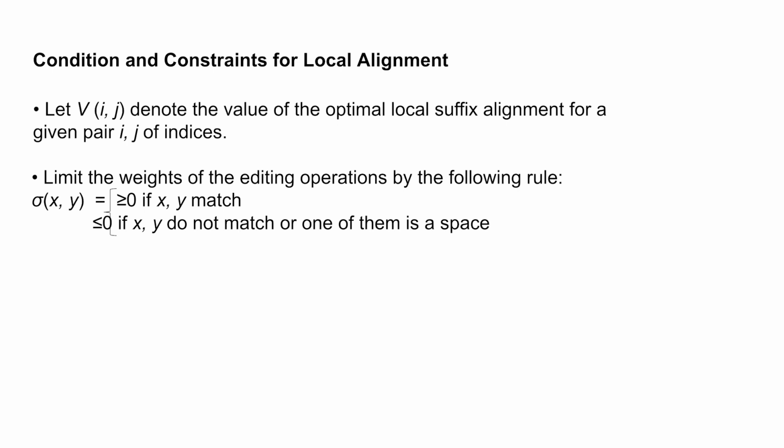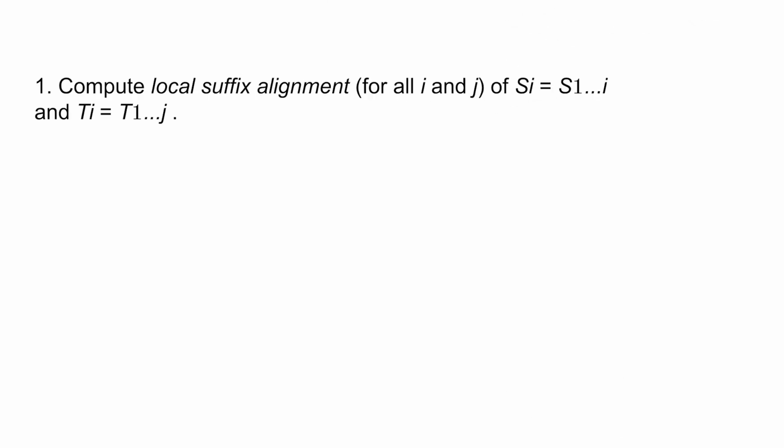The second condition is that if x and y do not match or one of them is a space, the score should be less than or equal to 0. So, the scheme of the algorithm computes the local suffix alignment for all values of i and j, of source sequence 1 to i and target sequence T 1 to j.